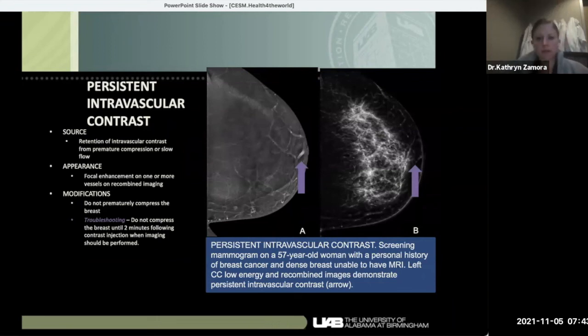This appearance should not limit interpretation too much, but there are modifications that you can do. One is really to not compress the breast until after that 2-minute mark. So you want to inject the contrast, allow the contrast to get into the tissues and out of the vasculature, and then at 2 minutes, compress the breast for that first image acquisition.